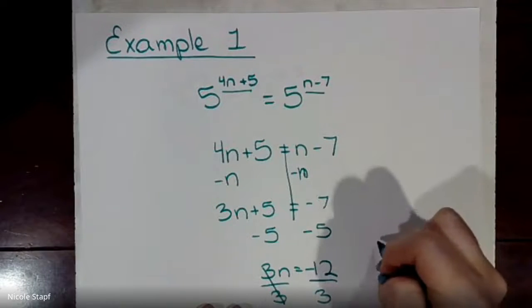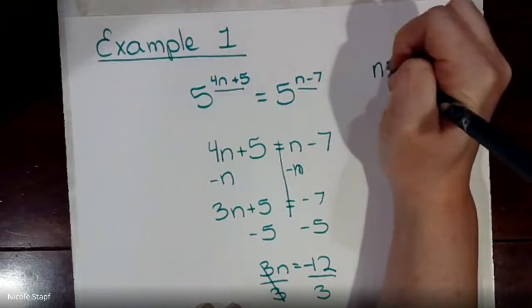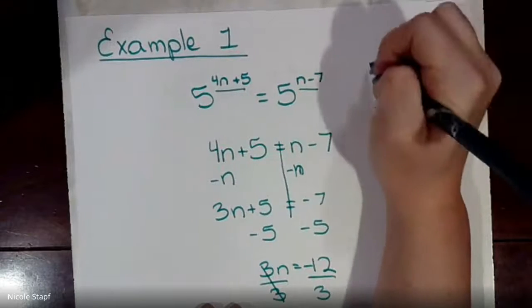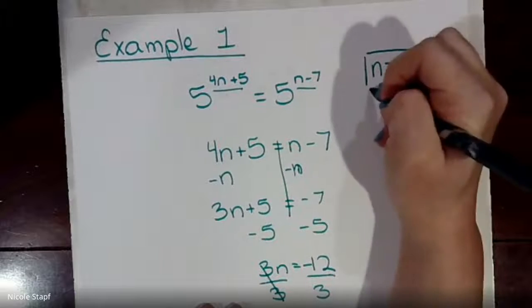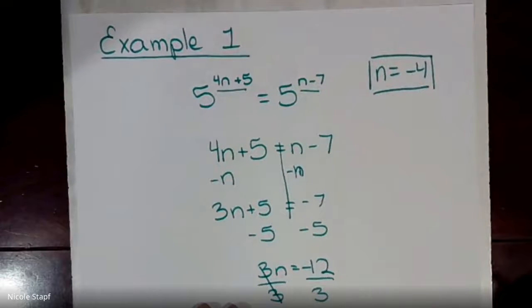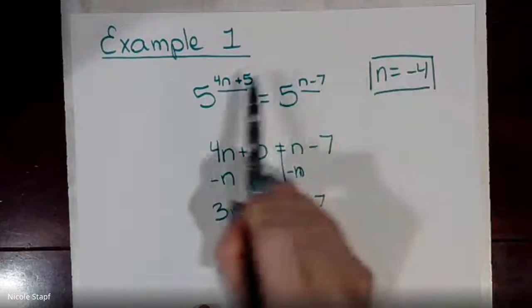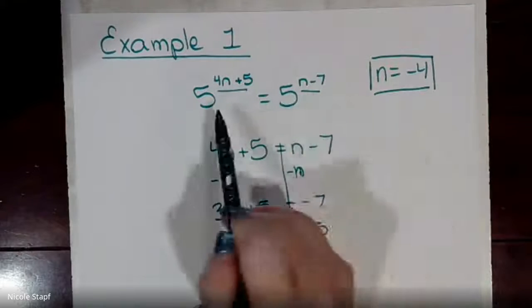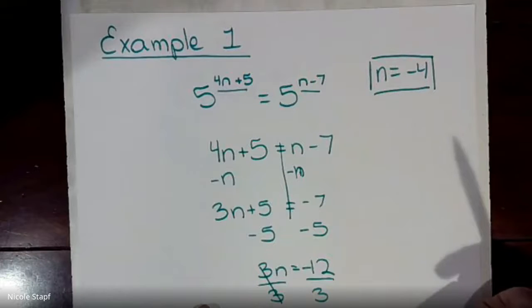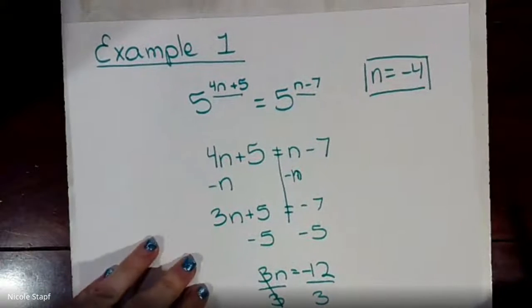And for my final answer, I end up with n equals negative 4. This is my final answer in my exponential equation. Now, to check my answer, I can plug it back into n, and these equations should balance out just like they would with any other equation.